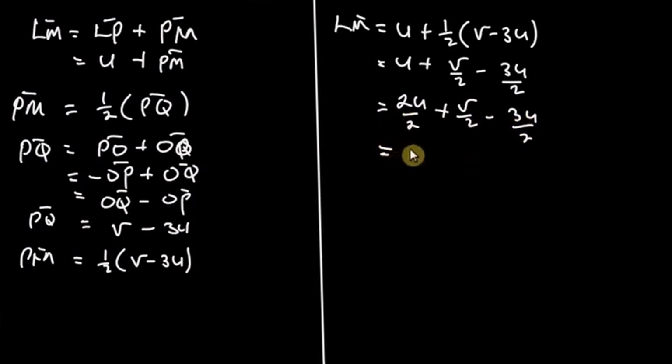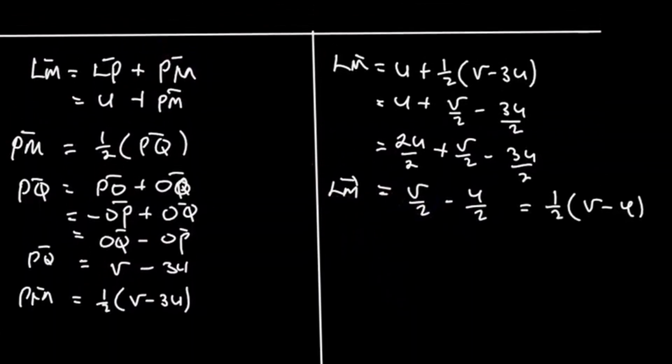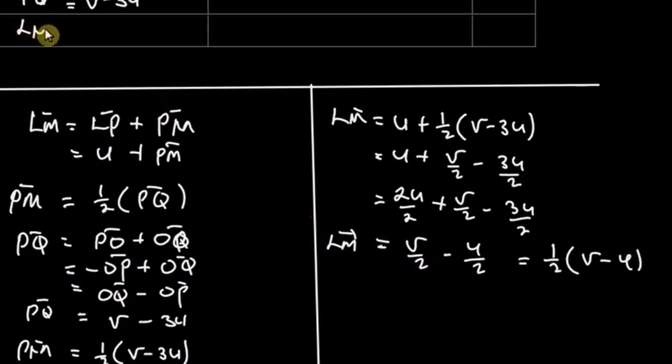So the answer is v over 2 minus u over 2. And we can rewrite this as a half of v minus u. That is our vector equation for LM. So let's write that down. So LM is equal to a half of v minus u. So that takes care of our first question.